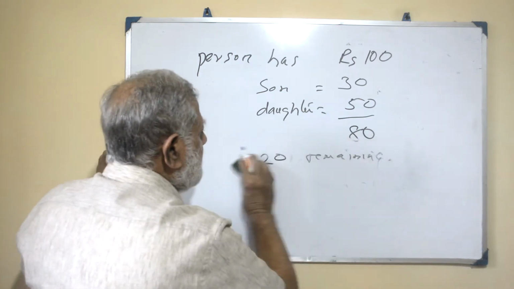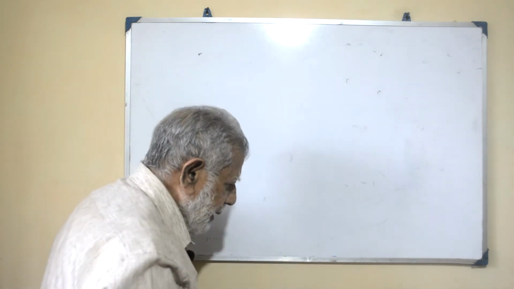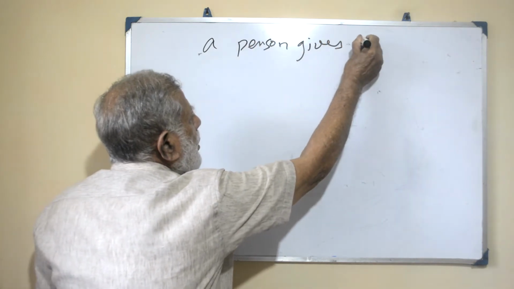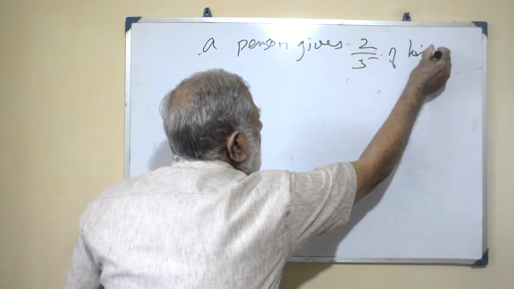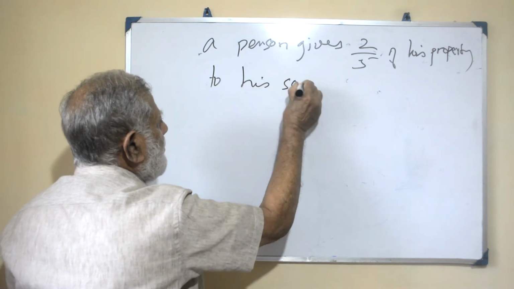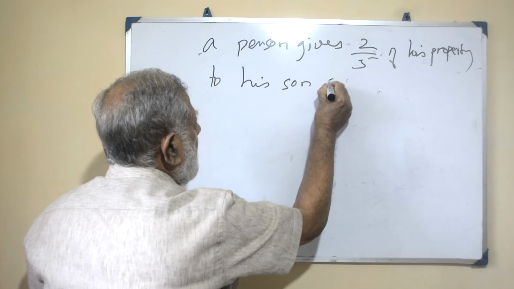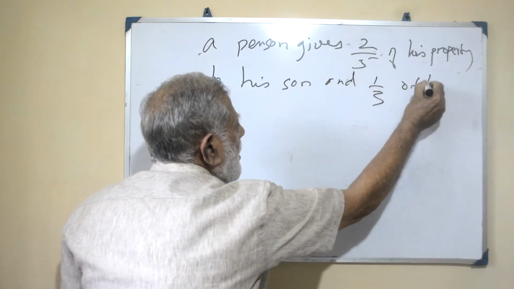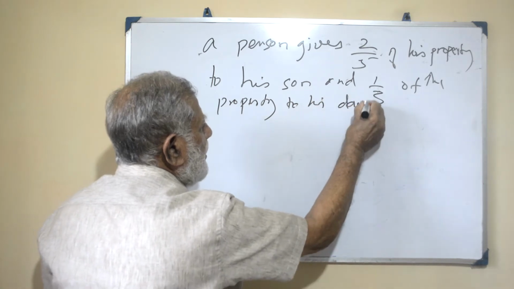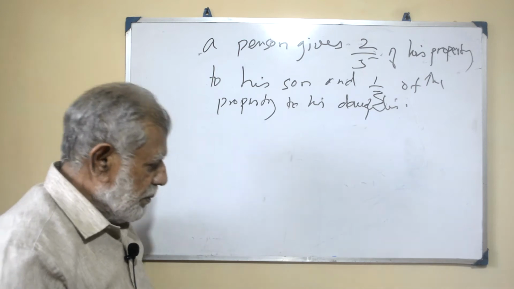Now, let us take an example. A person gives 2/5 of his property to his son and 1/3 of the property to his daughter.